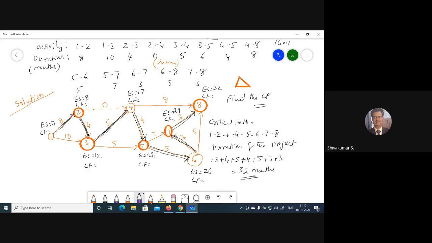LF will do now. This event now, we're going back. In the earliest start, you are taking the highest. Here it shows the least value. So this event 32 only, not change. Because it is the last event, nothing but the answer. So LF is 32. Coming to the 7th unit now.